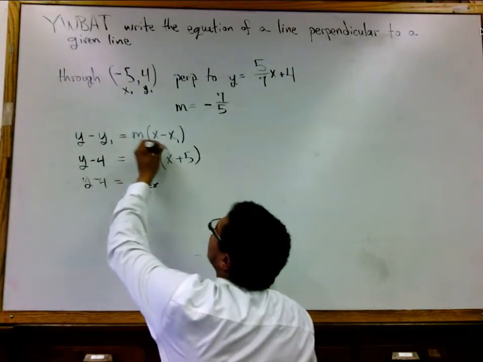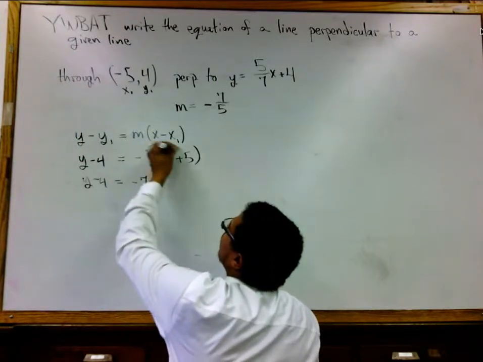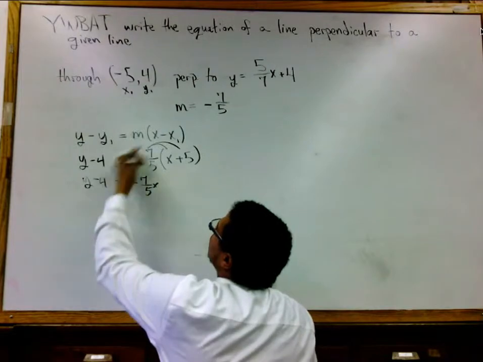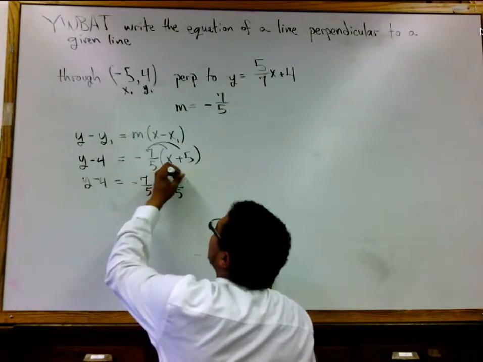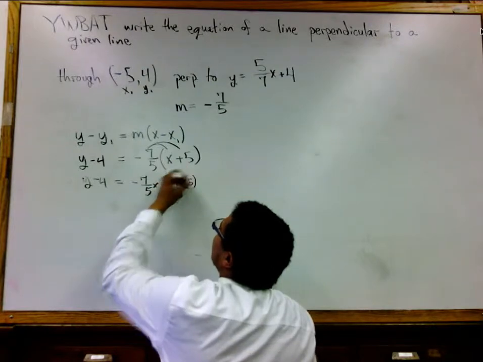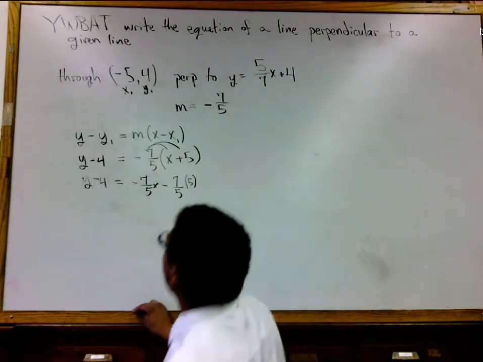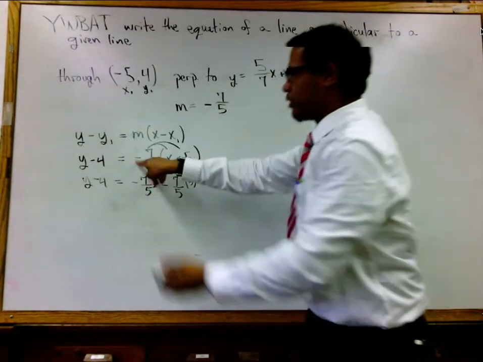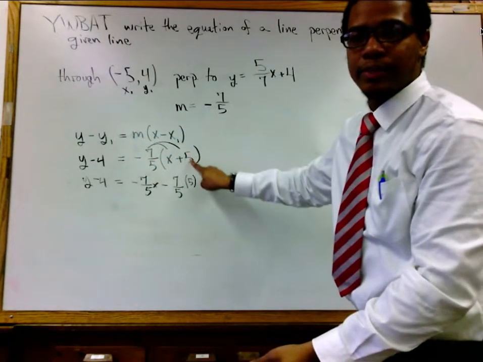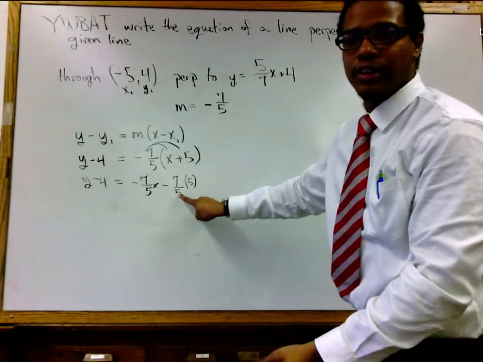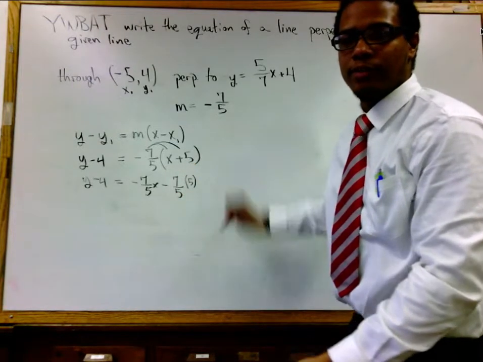We distribute our -7/5 first: -7/5 times 5. So that's going to be minus 7/5 times 5, and this is a minus because this 7/5 is negative. So negative times that positive gives us a -7/5 times 5.